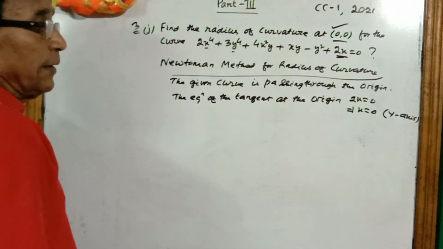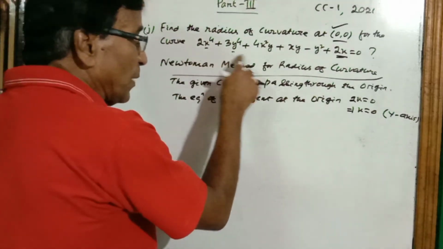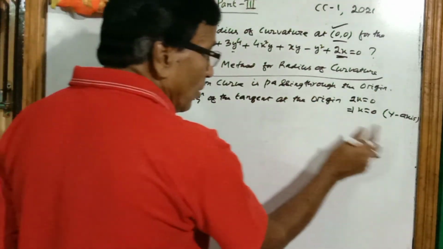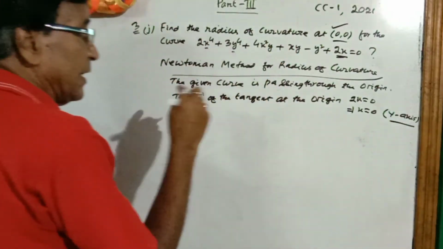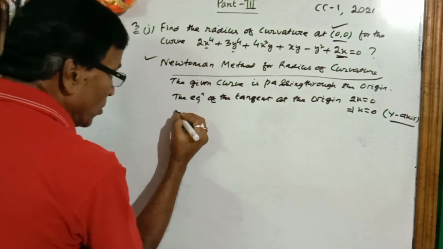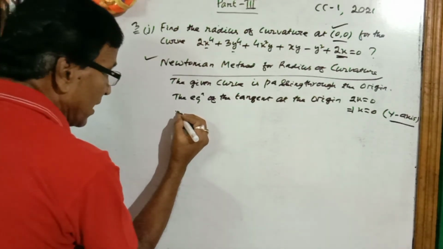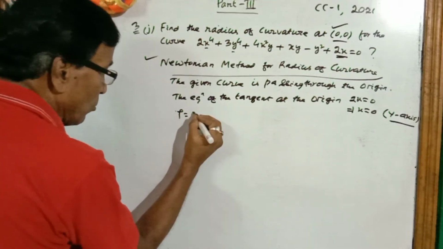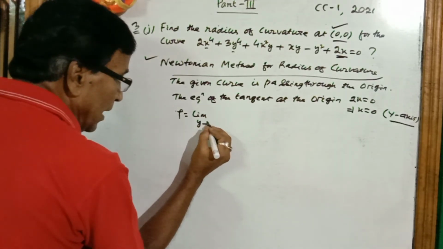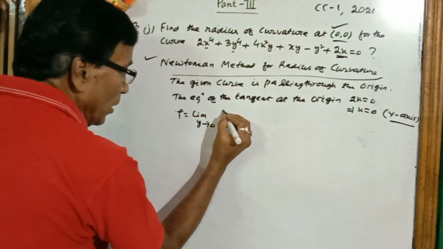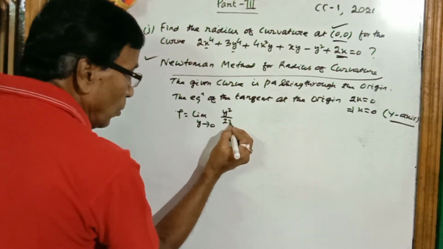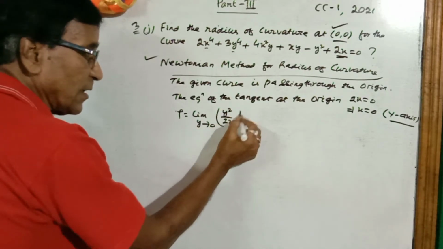So if the curve is passing through the origin and the equation of the tangent at the origin is the y-axis, then according to the Newtonian method, the radius of curvature is rho equal to the limit as y tends to 0 of y square divided by 2x.